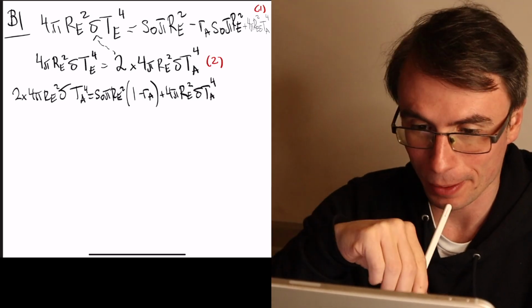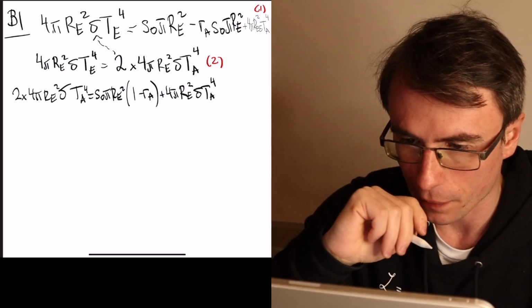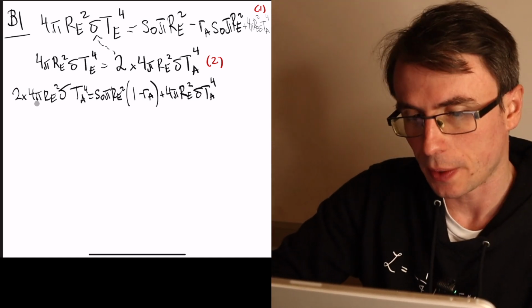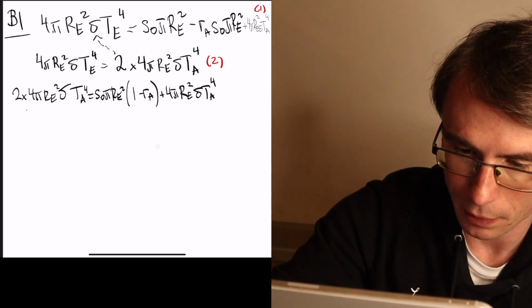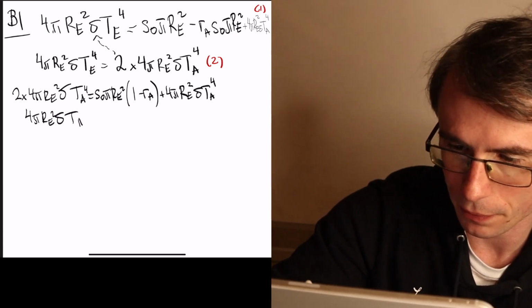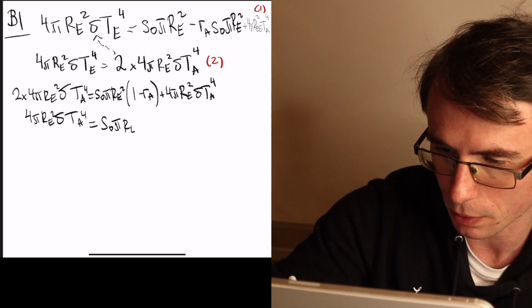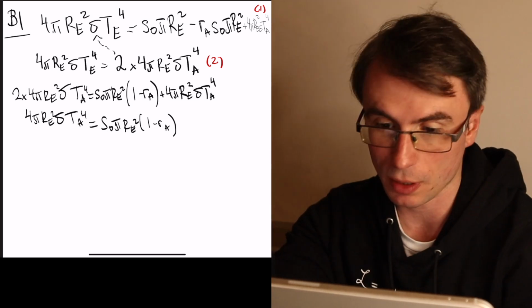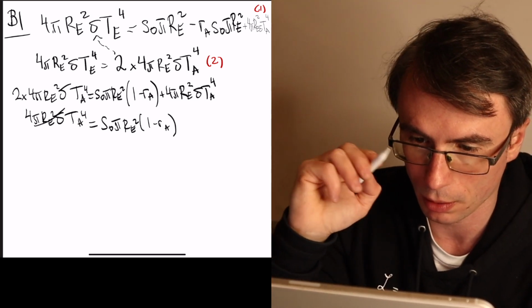I feel I'm getting tired a little bit. So, right, we're just trying to figure out what TA is. Now what I'm going to do is take this and take away this term. So we're just going to be left with 4 pi RE squared TA to the power 4 is equal to S naught pi RE squared 1 minus RA. And then let's just divide by pi RE squared.